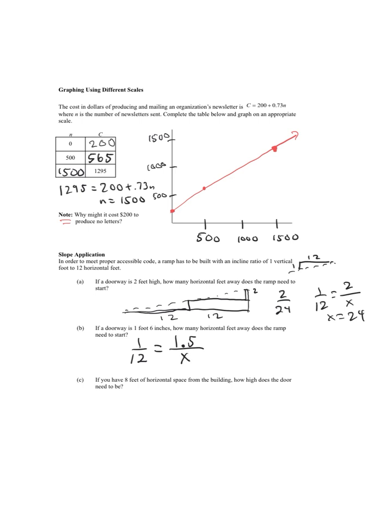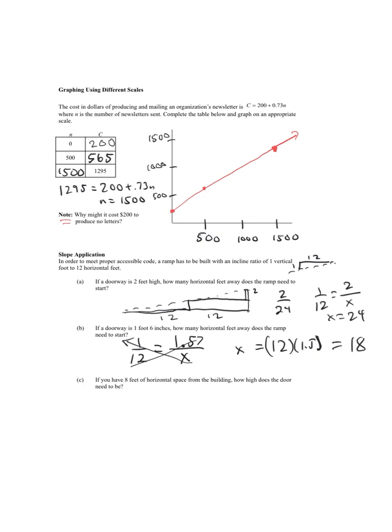So x equals, you multiply your proportion out: 1 times x is x, and then 12 times 1.5. I believe that one is 18. I just want to double check my mental math. 1.5 times 12. Yep, gives us 18. So it would have to be 18 feet out.